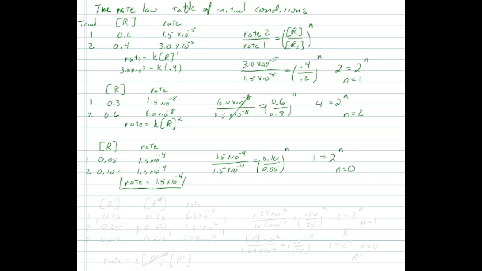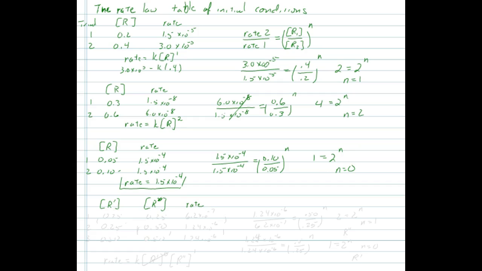Now, what happens if you have two different reactants? Your table expands: reactant 1, reactant 2, and rate.